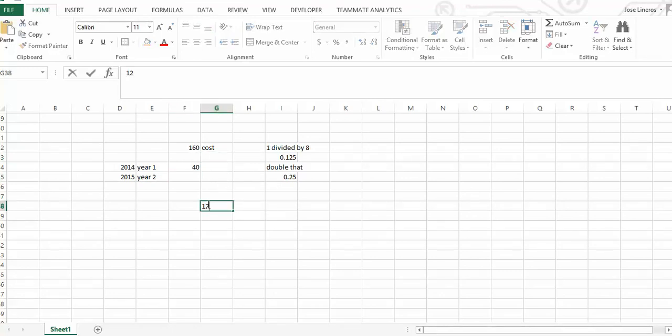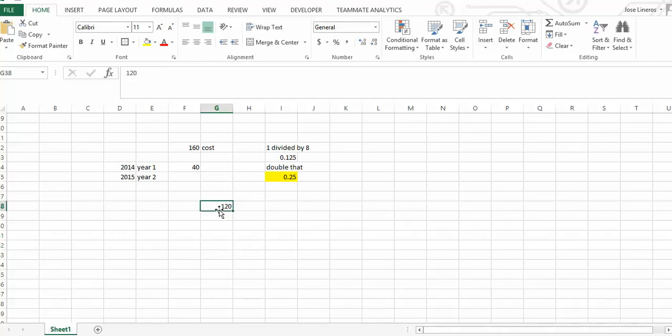Put it over here. 160 minus 40 is 120, and you multiply the 120 by the 25%. Just like we did here. Here we took the book value in the very first year, before we'd taken any depreciation, it was 160 million. The only difference now is we're taking 160 million and recognizing that we've depreciated 40 million.